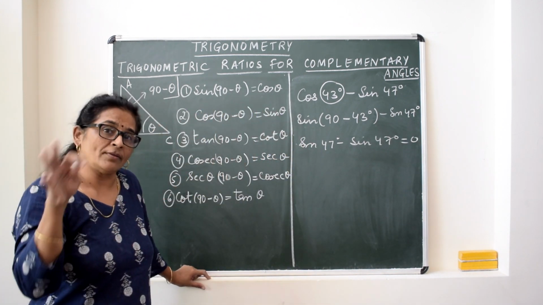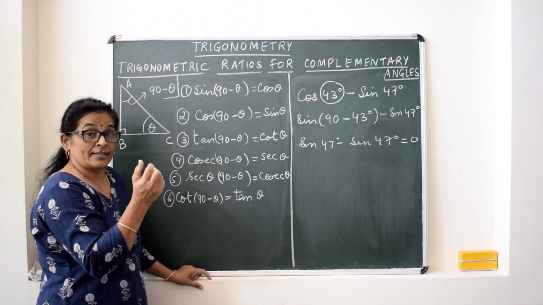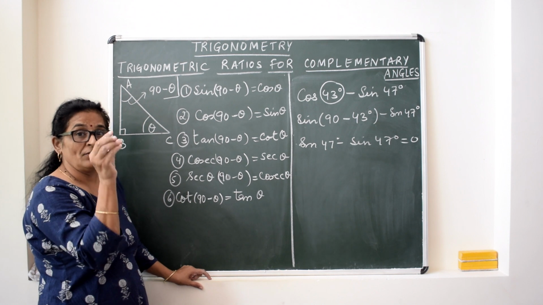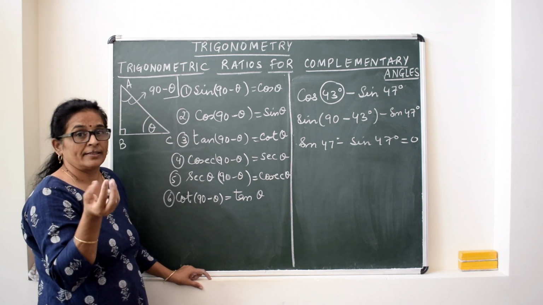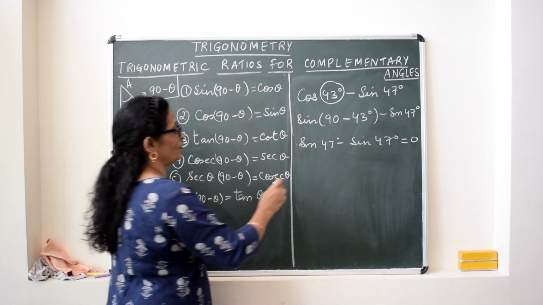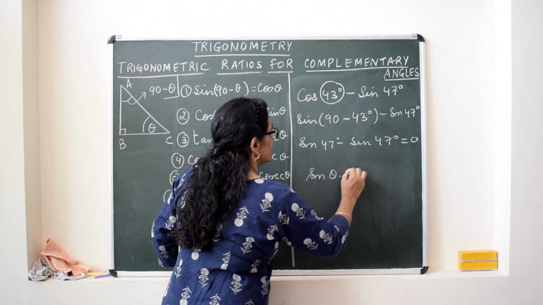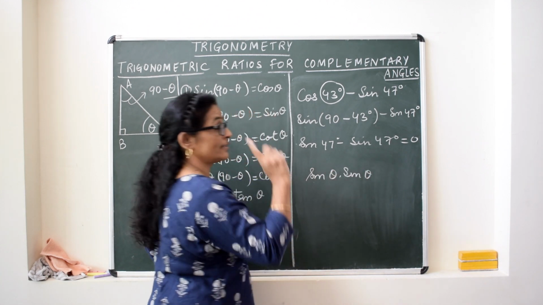Either like this or in the combinations, the complementary angle sets will be given and out of two complementary, one ratio we will change. Then automatically the problem will be solved. Sometimes you will find, in case it is given, that we are getting sin theta into sin theta somewhere.